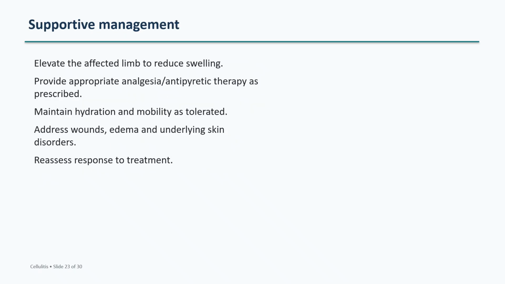So, what is the supportive management given to the patient? In this slide, we will see what supportive management is given to the patient. We have to ask the patient to elevate the affected limb because it will reduce the swelling in the particular region where they are suffering with cellulitis.